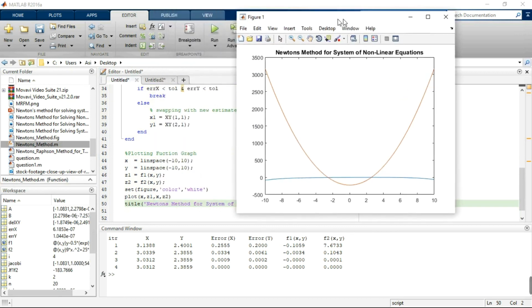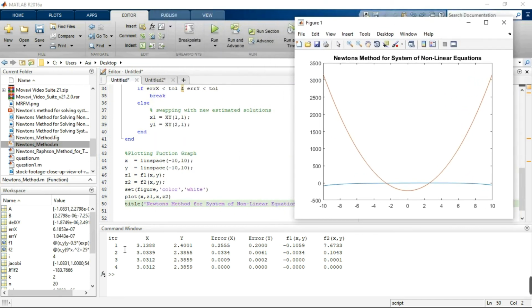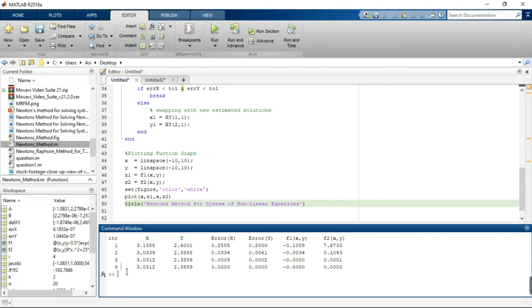So this is the graph of the function, and all these iterations, iteration 1 to 4, and this is the value of x and y. This is the root of our function.